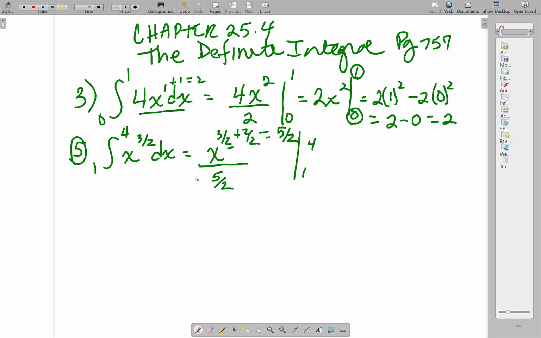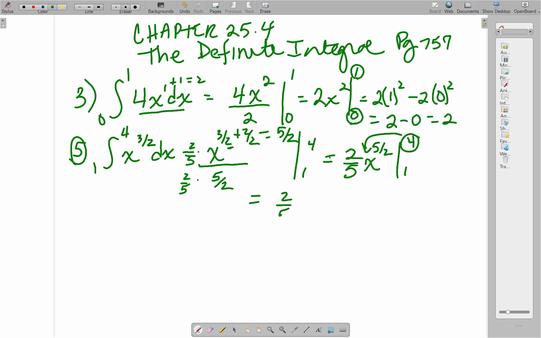Well, if I multiplied this by 2/5, that would eliminate this on the bottom, but then I have to multiply the top by 2/5. So I end up with 2/5 x to the 5 halves evaluated between 1 and 4. We start by substituting the 4 in for the x.